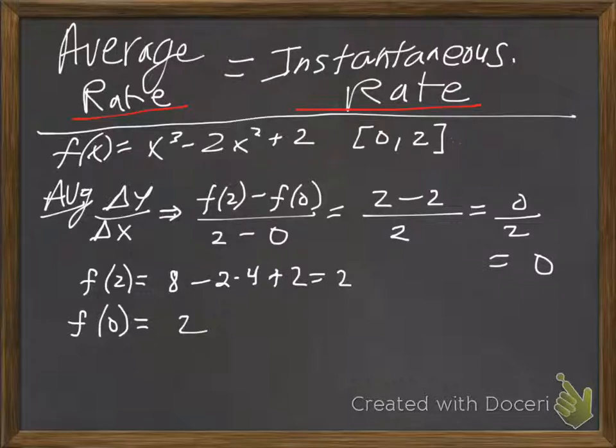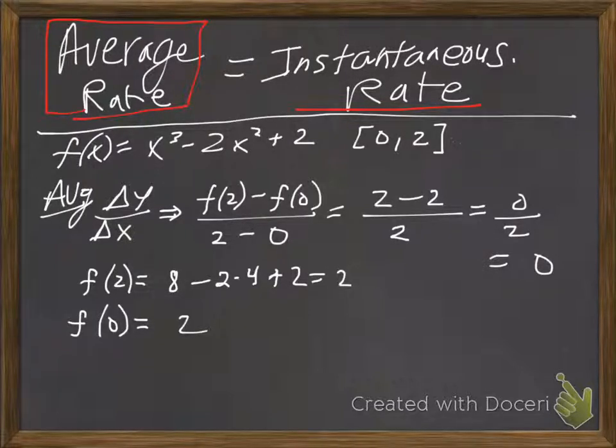So the average rate of change for this function over the interval 0 to 2 is 0. Okay? Well, we've now completed one half of our equation that is guaranteed by the mean value theorem. The mean value theorem says the average rate, which in this case is 0, will equal the instantaneous rate at some point in the interval. And the question is, what is that point?